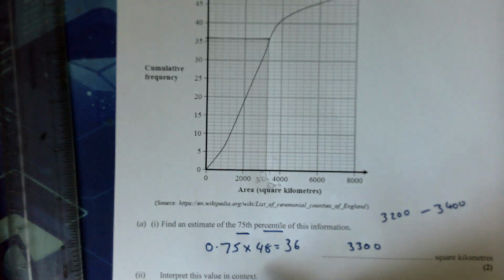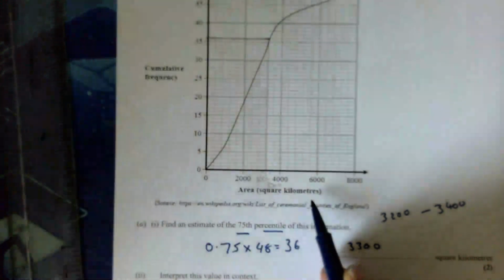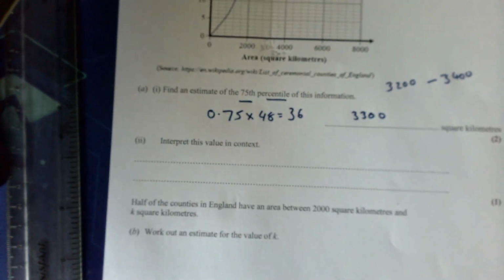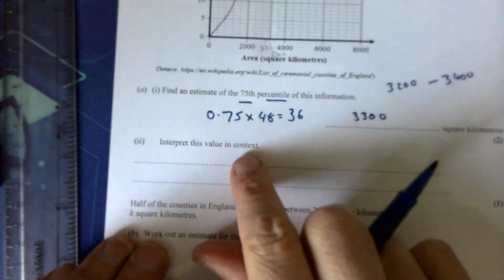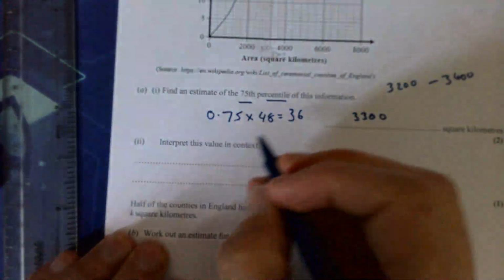Interpret this value, so in context. So what we're talking about, area in kilometres. Sorry, I'm not moving the visualizer well enough today, am I? All right, interpret this value in context. It's about area, and it's about 75%.